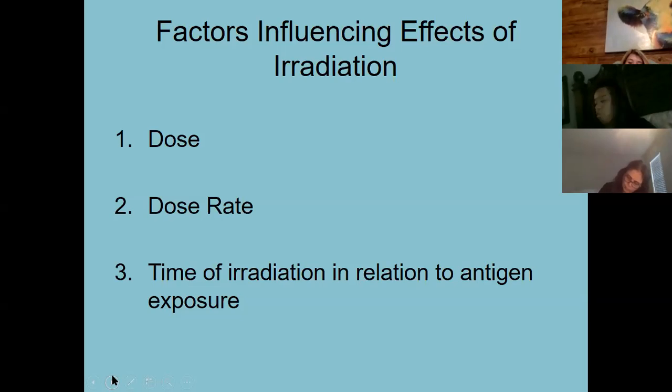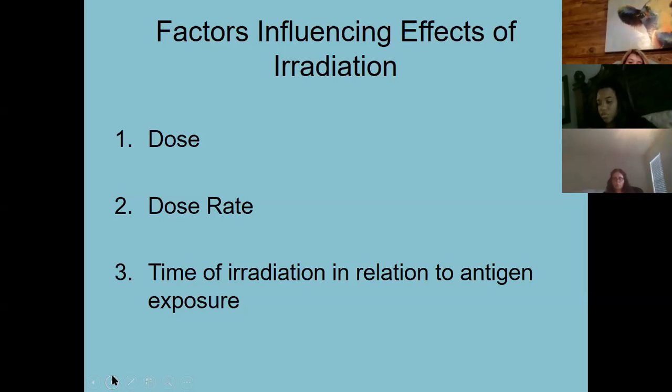One thing that's also curious about the immune system is the effect of irradiation relative to the time of antigen exposure. If you are exposed to an antigen, your body starts to react immediately. So you start to build those antibodies. If you're exposed to the antigen and then irradiated, your body's already in process.